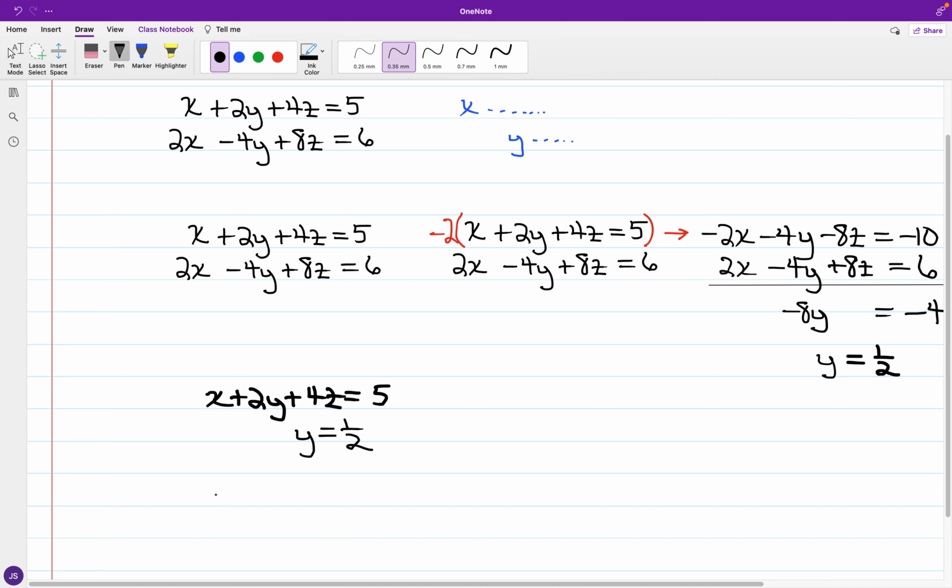Okay, so we have x plus 2y plus 4z is equal to 5, and we have y at 1/2.